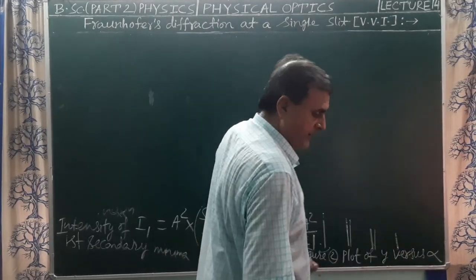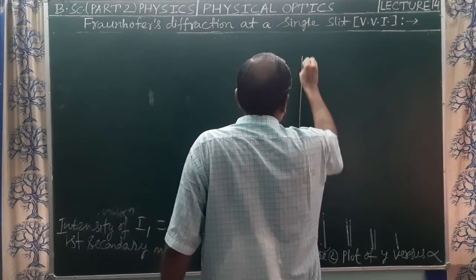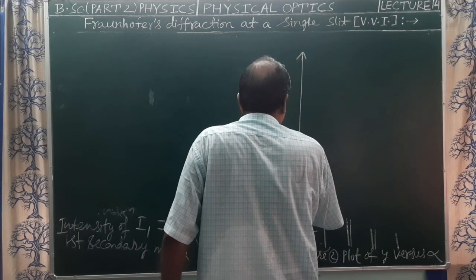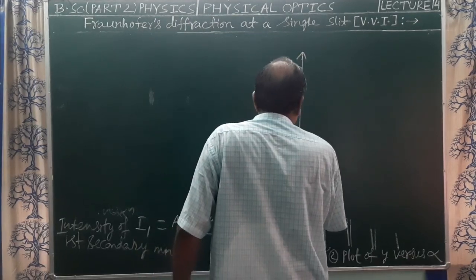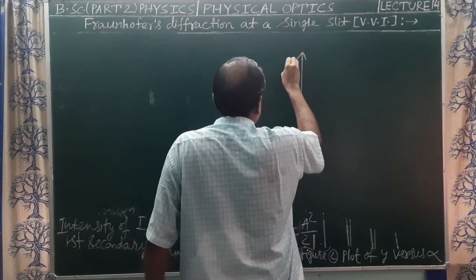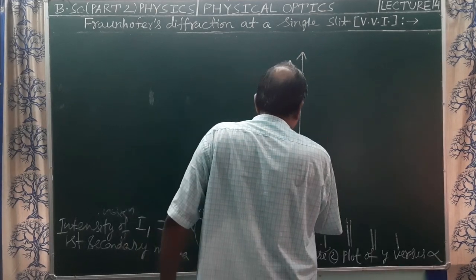We can plot it taking intensity of light I along the y-axis and direction, that is angle of diffraction, along the x-axis.